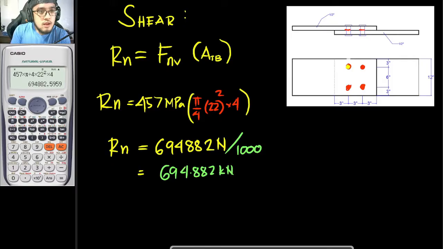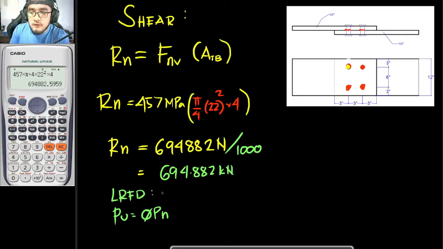So for our LRFD, same old, your PU is to be equal to phi Rn, and the value for your phi is 0.75. So memorize nyo to, 0.75 pag shear and pag bearing ng ating bolts.